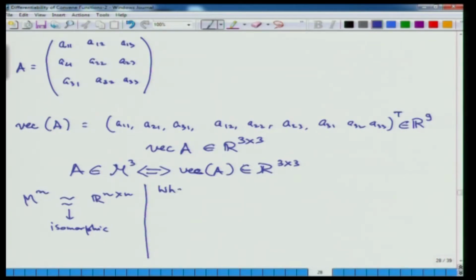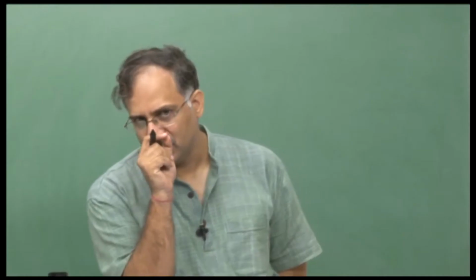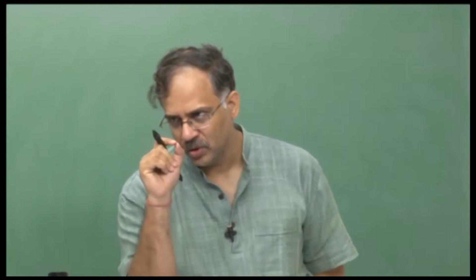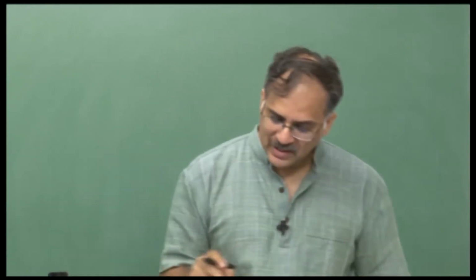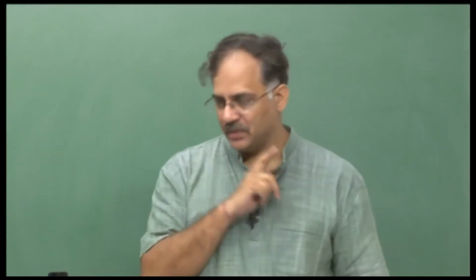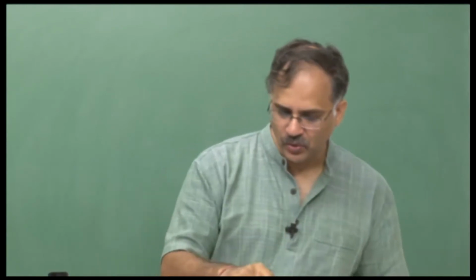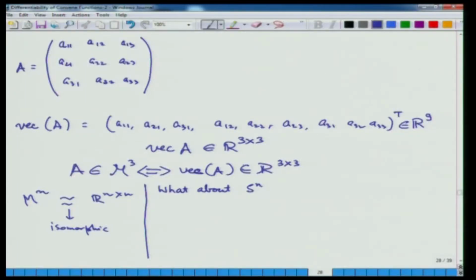Now, what about Sn plus? What about Sn? Sn also is a space of n cross n matrices. So is it the same as R^(n×n)? No, there is a little bit of a catch, a small thing that one has to observe, because Sn consists of symmetric matrices: A12 is A21, A13 is equal to A31, A23 is equal to A32.